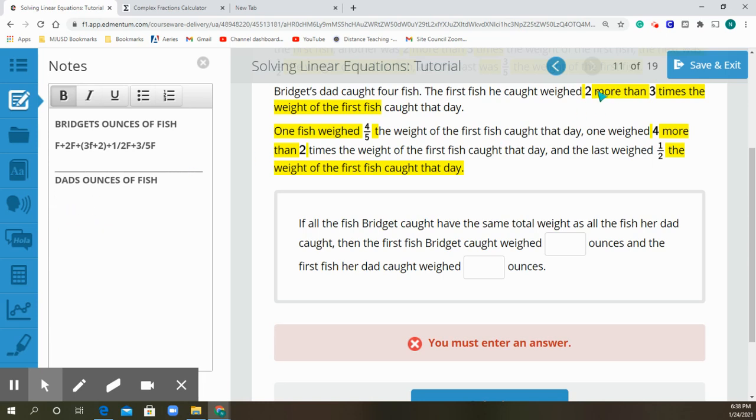The first one is 2 more than 3 times the weight of the first fish. So we say that it is 3F plus 2.